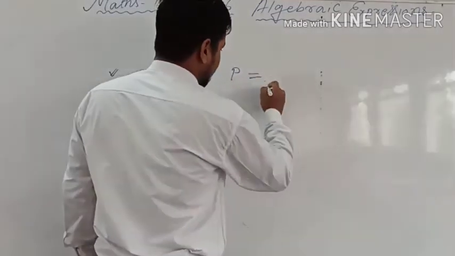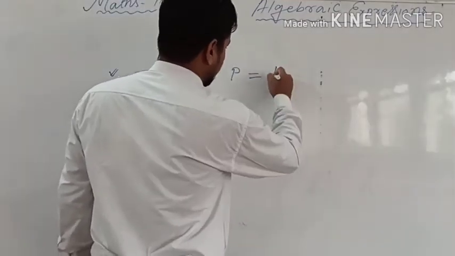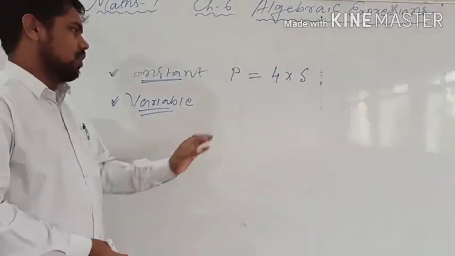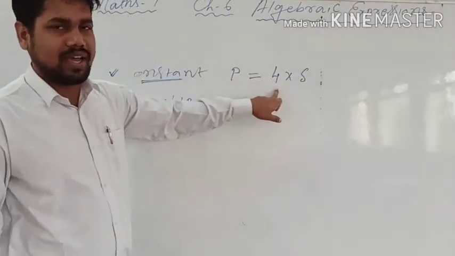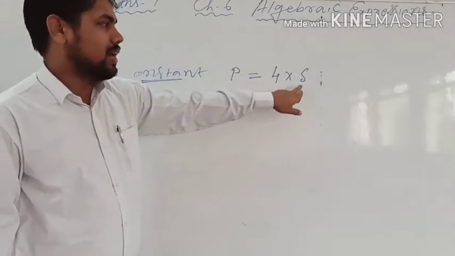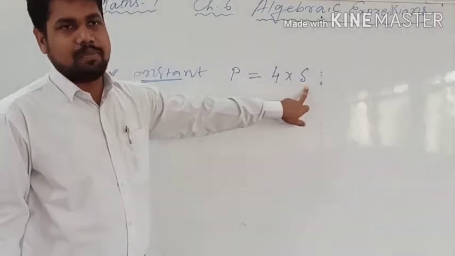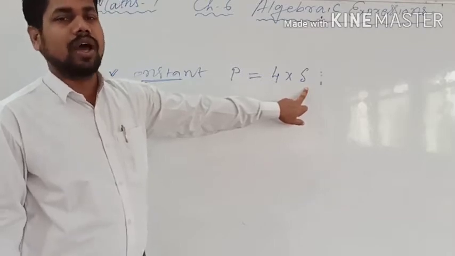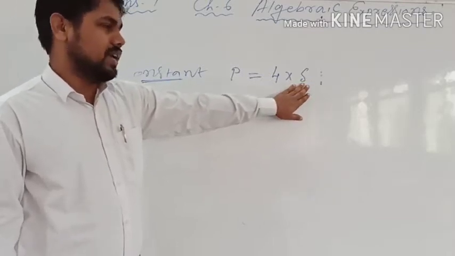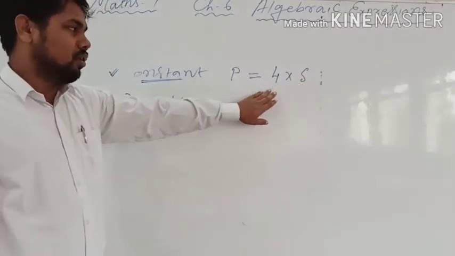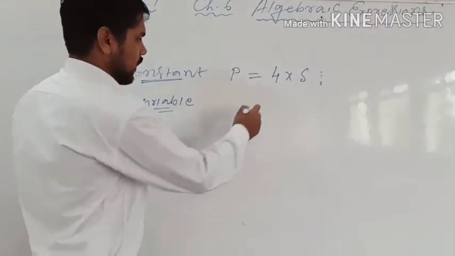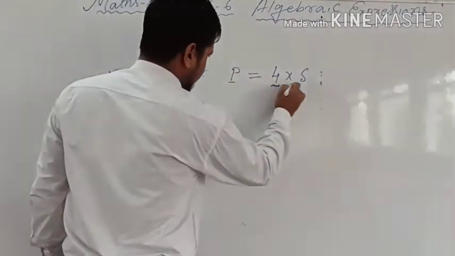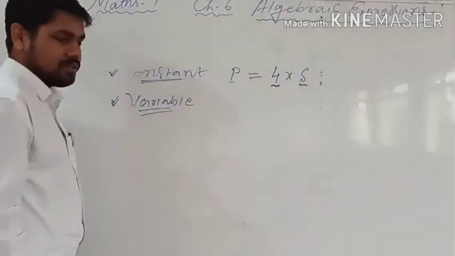Then we know that the perimeter of a square is equal to 4 into side. So in the case of any square, 4 is constant, and side may change. It depends upon the length and breadth of the square, but 4 will never change. So here 4 is the constant term and P and S, these two are variables.